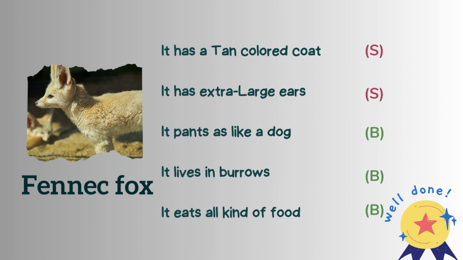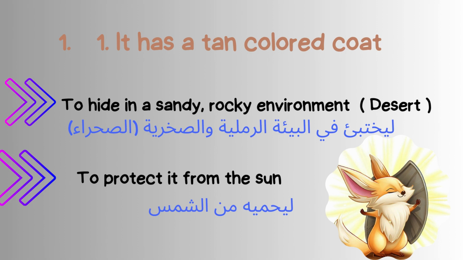Very nice. Now, we will discuss each point, okay? Each information of these. As it has a tan-colored coat. Why? Yes, to hide in a sandy, rocky environment, which is a desert. And also to protect it from the sun, because this tan-colored coat protects it from the sun, because desert has very hot climate.